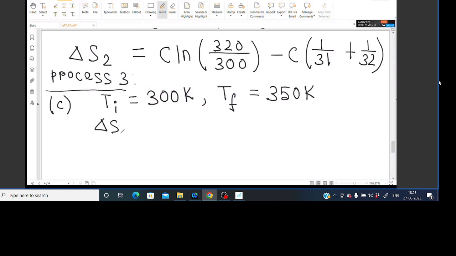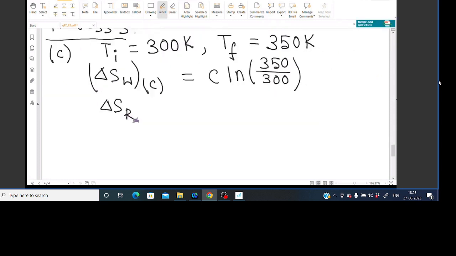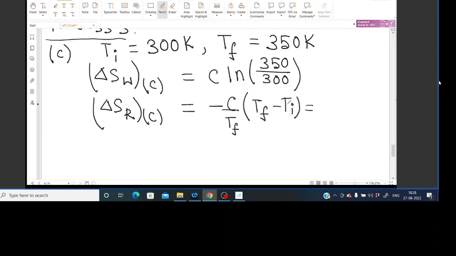So the change of entropy of water in sub-process C is equal to C log 350 by 300. The change of entropy of the reservoir in sub-process C is equal to minus C into Tf minus Ti by Tf. Putting Ti equal to 300 Kelvin and Tf equal to 350 Kelvin, we get minus C by 7.